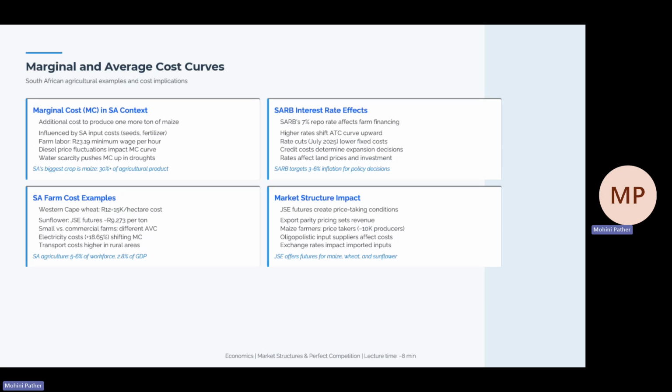If we import organic fertilizer, which is a requirement for certain markets, then we are drastically impacted by exchange rates, which are impacted again by interest rates. And other countries and other retailers in South Africa can purchase these futures on maize, wheat, and sunflowers.